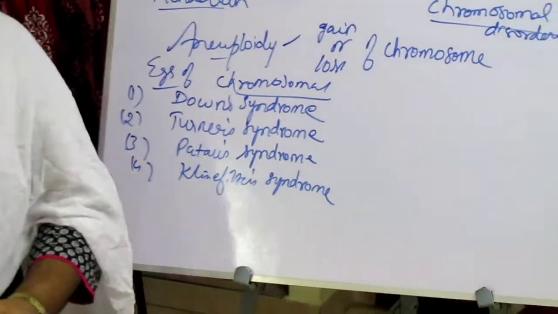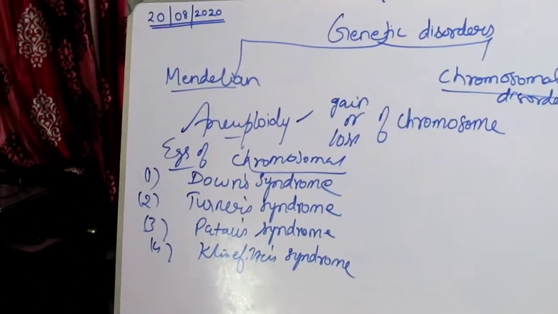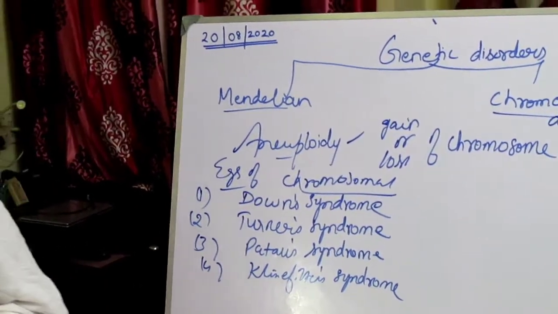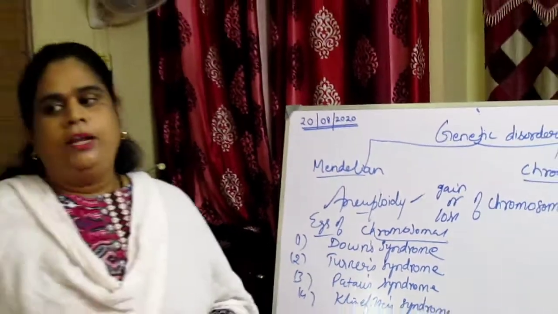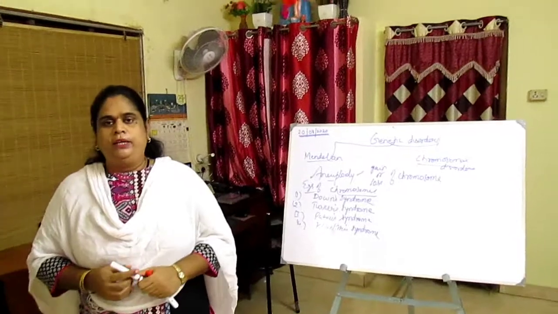So Down syndrome, Turner syndrome, Klinefelter syndrome and Patau syndrome. Now we'll talk about autosomal aneuploidy.